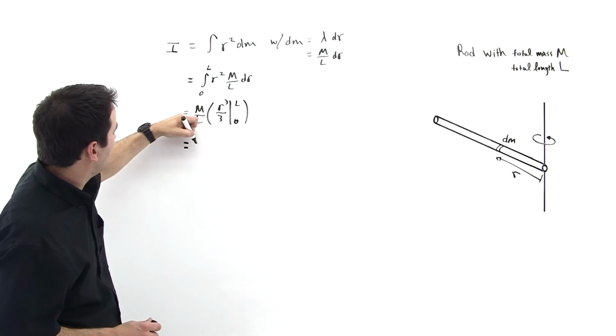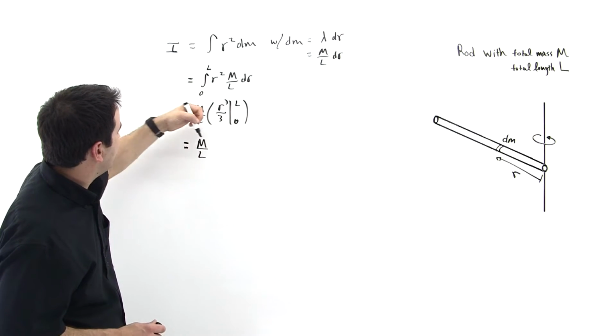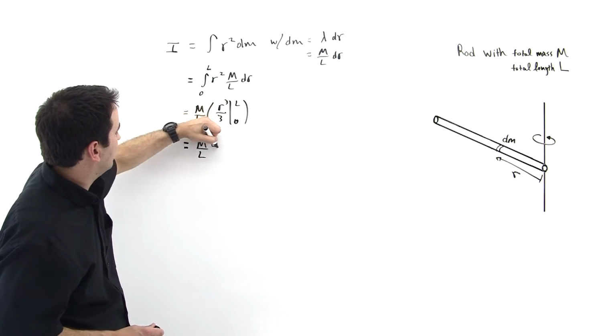So this is just M over L, and then this thing evaluated is just L cubed over 3.